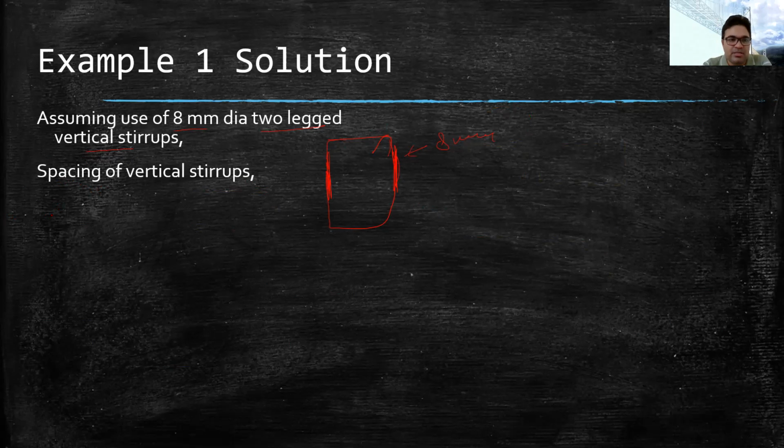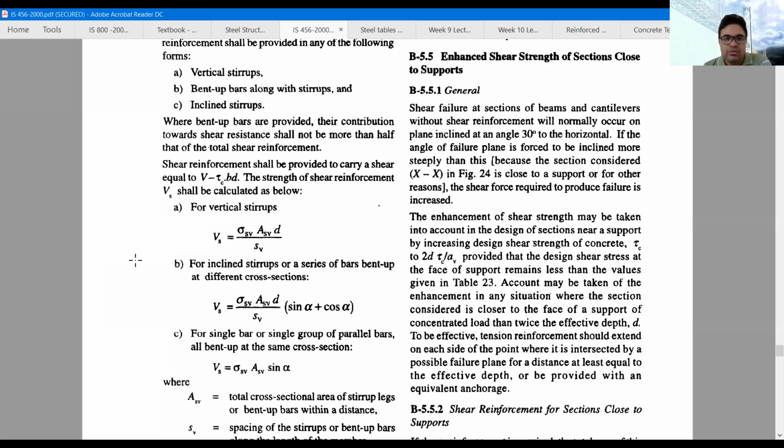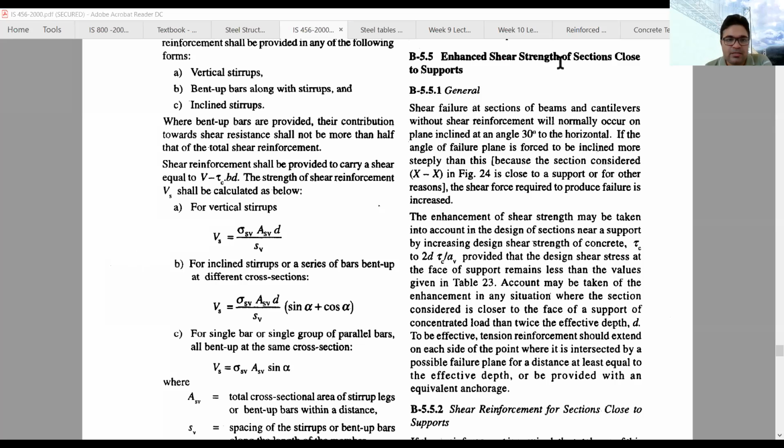So first we will find out spacing from this formula. The same formula is given in clause B 5.4 of the IS code. I will show you that in the IS code also, so that it will be clear from where we got this formula. There you can see this is the formula for vertical stirrups. So from this we can easily find out SV.